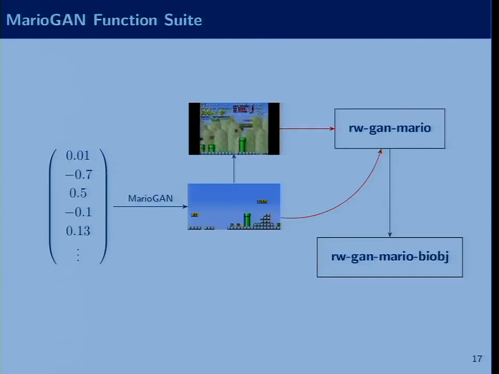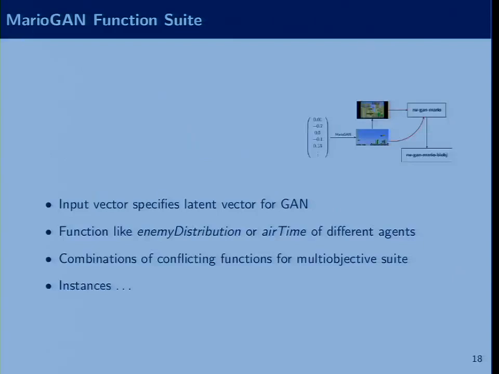Then we have 2 different agents that play the level, and either directly based on the level you have a fitness function, or based on the AI playing it. And again, we have conflicting objectives combined to a bi-objective suite as well.